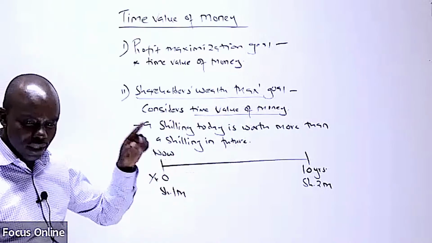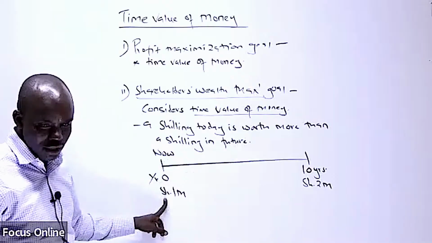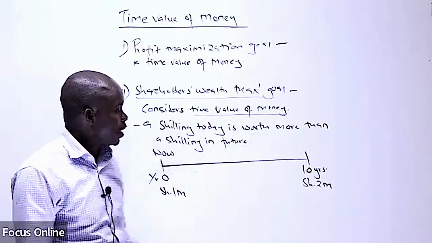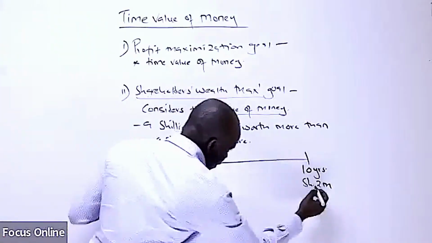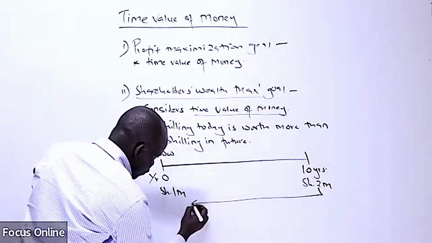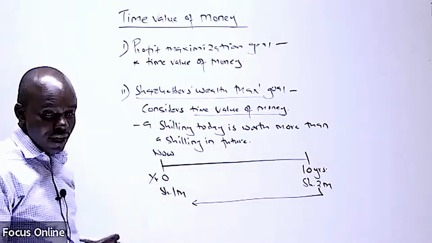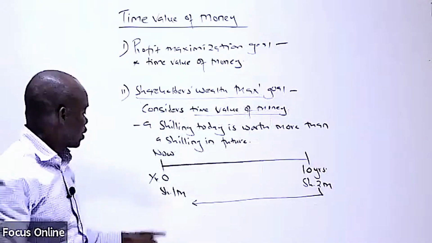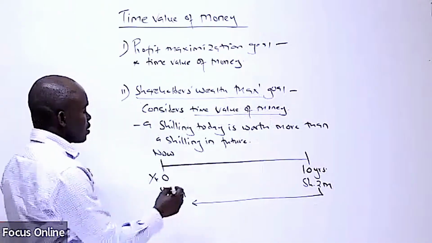You said you would rather go for the 1 million, but you need to determine the present value of the 2 million shillings expected in future, because remember, this 1 million is in present value terms.